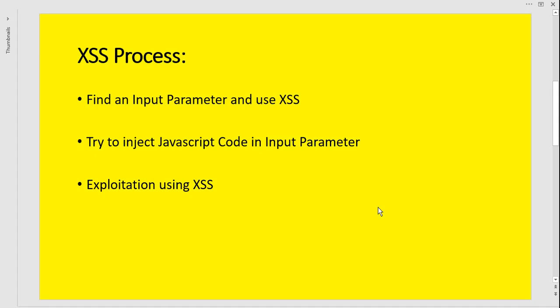Okay, and if we succeed, then there may be chances that there is an XSS vulnerability on that web page. And to make sure, we will move on to the next step, which is to try to inject JavaScript code into that input parameter. And if we succeed, then make sure there must be an XSS vulnerability. Okay, so we will go for the exploitation using XSS.